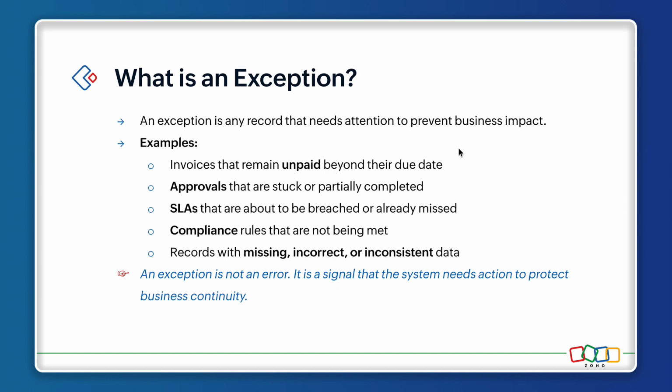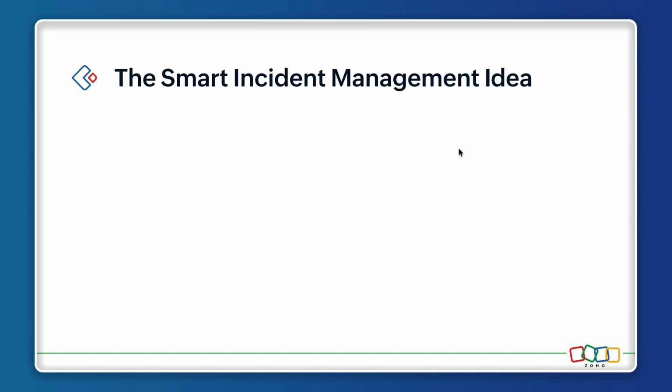So how can we detect and resolve this exception? That's where we are going to build a model called the smart incident management model. We'll be creating a common incident management model which can fit into any business process, that can automatically detect the exception and help the right person to resolve it.